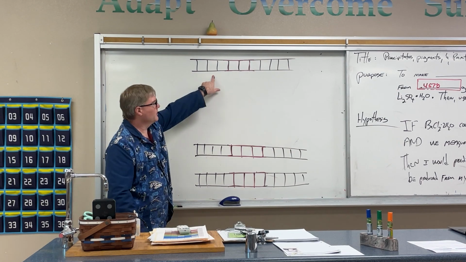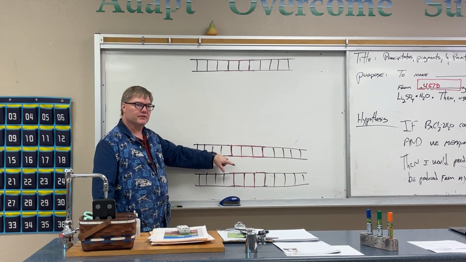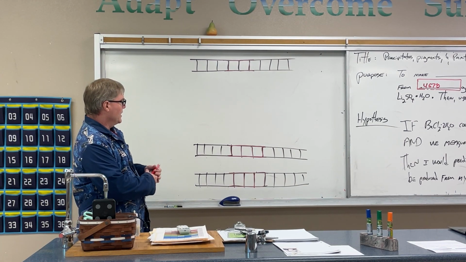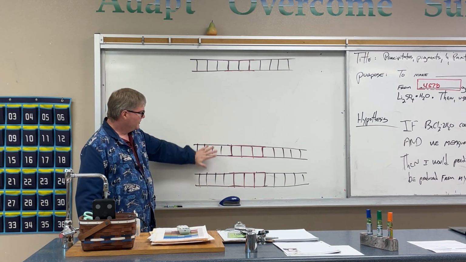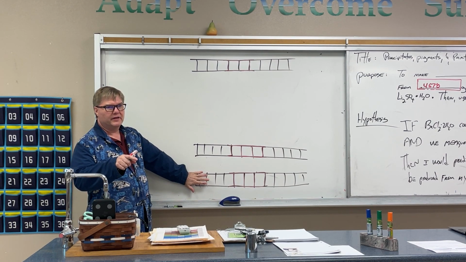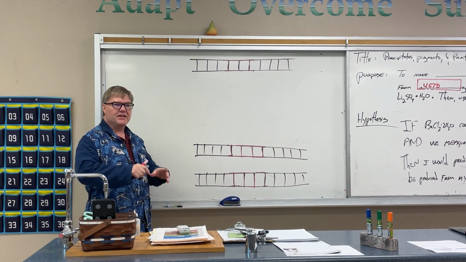We started with one piece, now we got two, and they're copies of each other. All right, and then each of these pieces of DNA would be packaged in a cell at the end of mitosis.